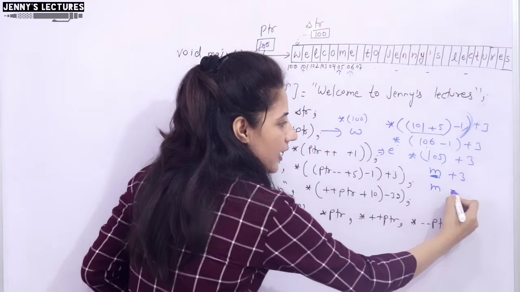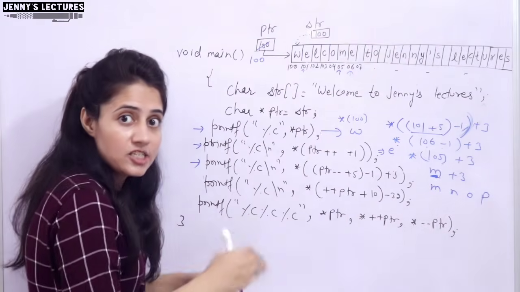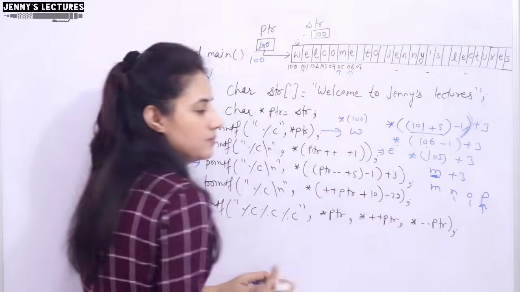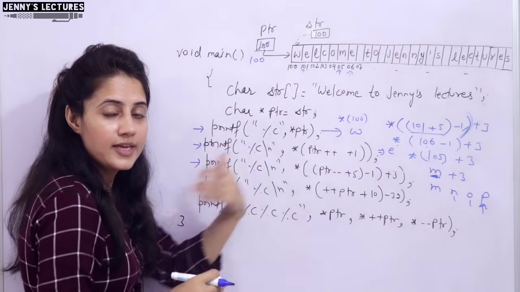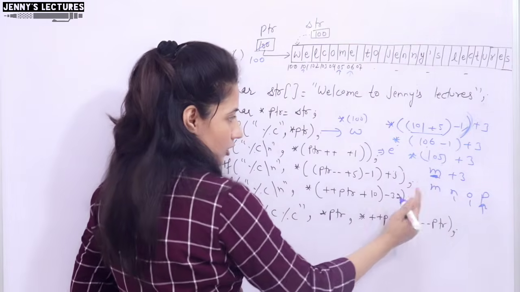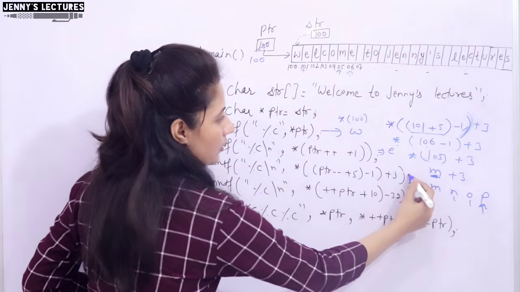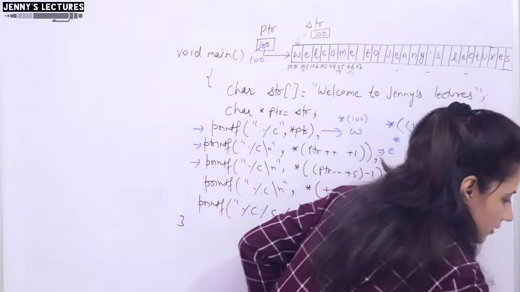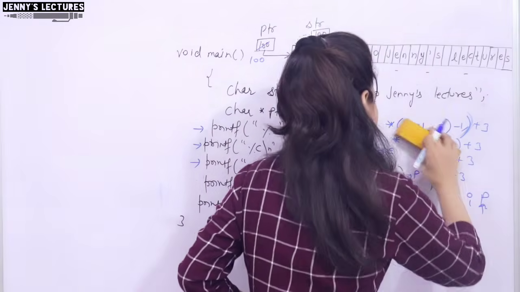So M, N, O, P: in the ASCII value we are going to add 3. So what will you get? 1, 2, 3, that is P, the next alphabet, right? Because we are adding to the ASCII value of this M. So for this printf you will get the output P, small p, right? I hope you got this.